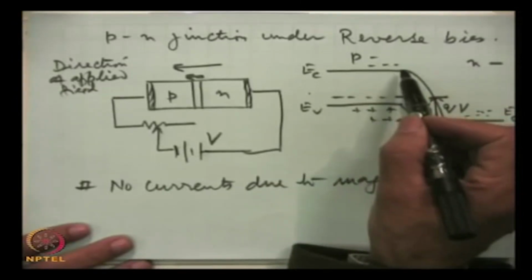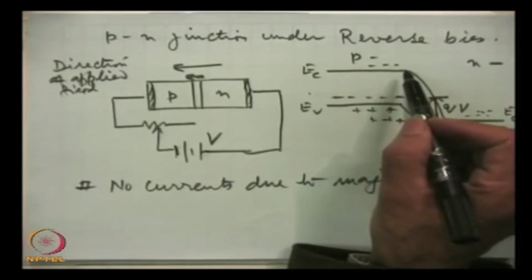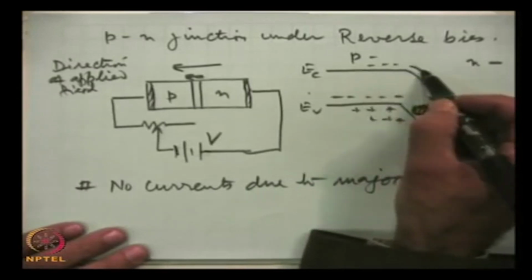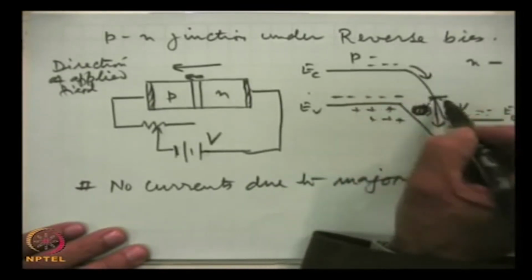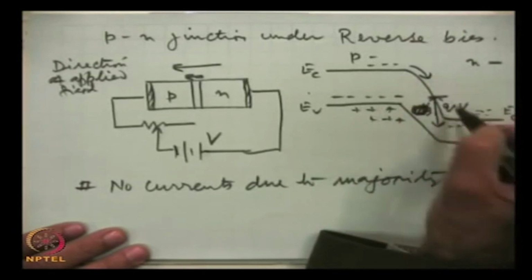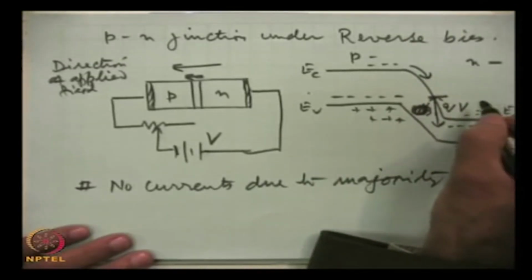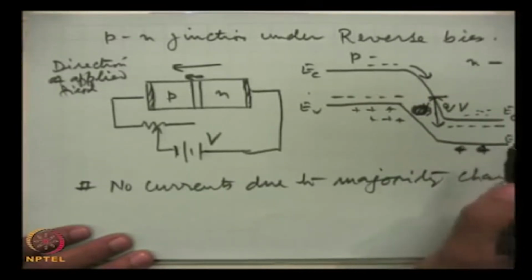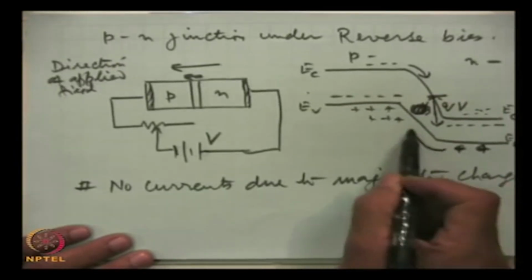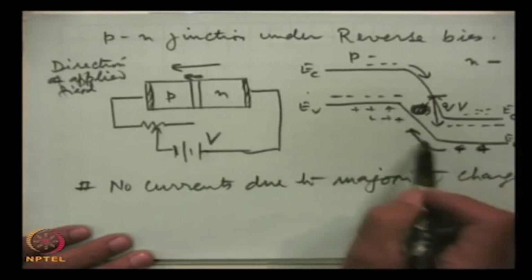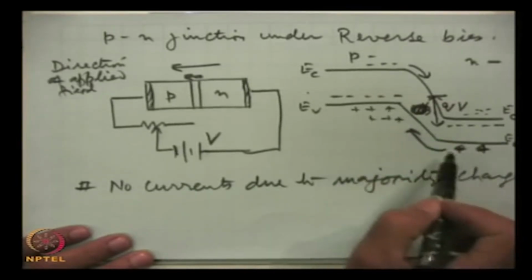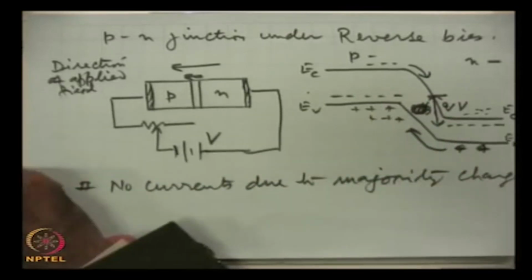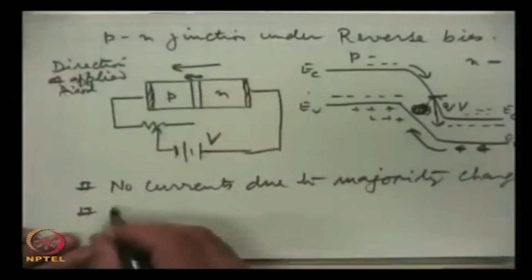These electrons which are minority charge carriers will simply move downhill and will be able to go towards the n region. Similarly, these holes here will be able to, because this is again a downhill for holes. So, the minority charge carriers constitute what is known as reverse saturation current.